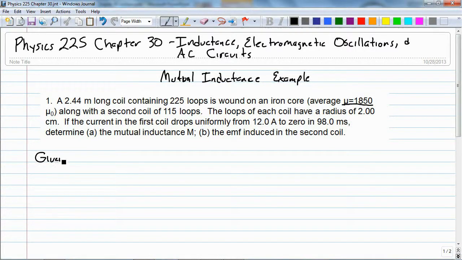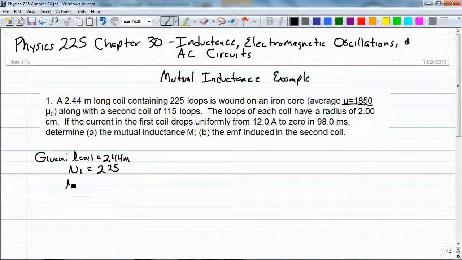So there are a lot of given quantities here. The length of the coil is 2.44 meters. It's a long coil. Our turns in coil 1 is equal to 225.